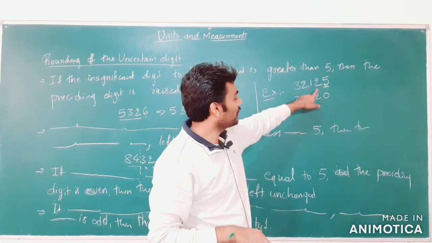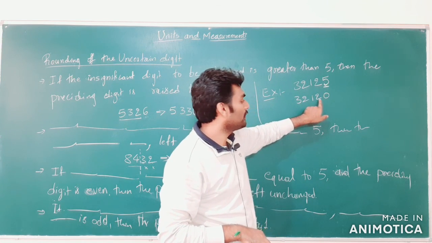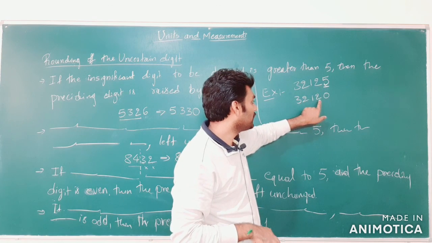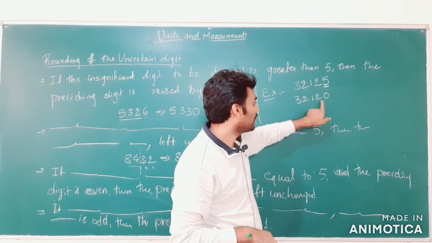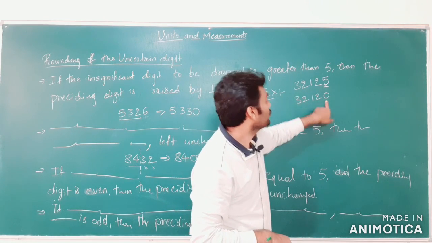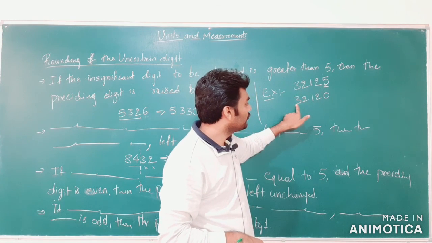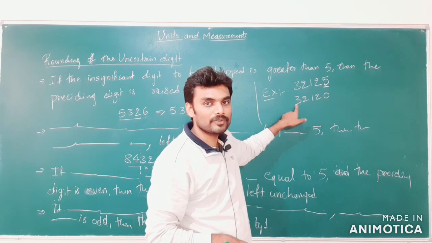Since 2 is even, I will not make any change in the digit 2, and hence it becomes 3 2 1 2 0. So now I have rounded off this number to 4 significant figures.